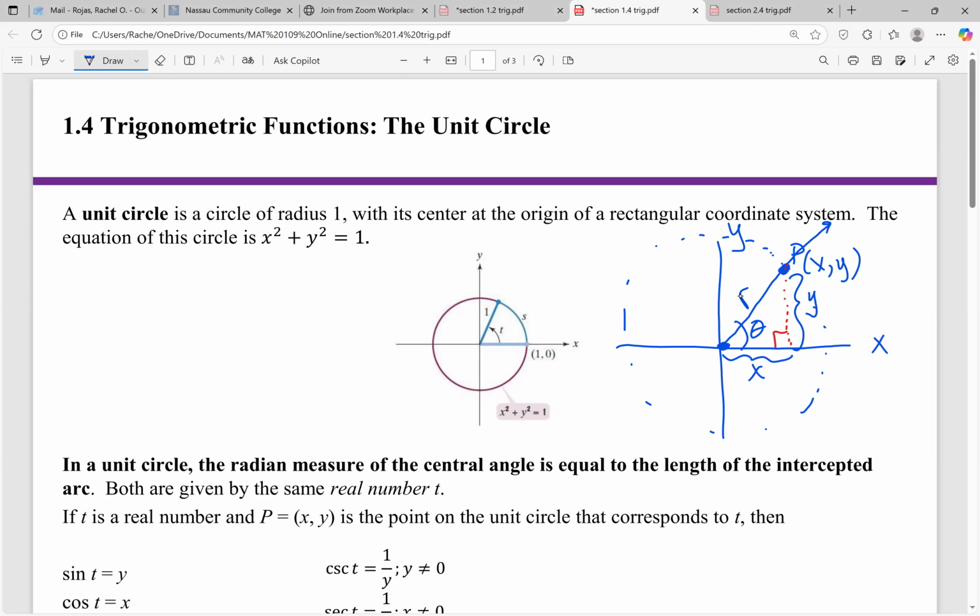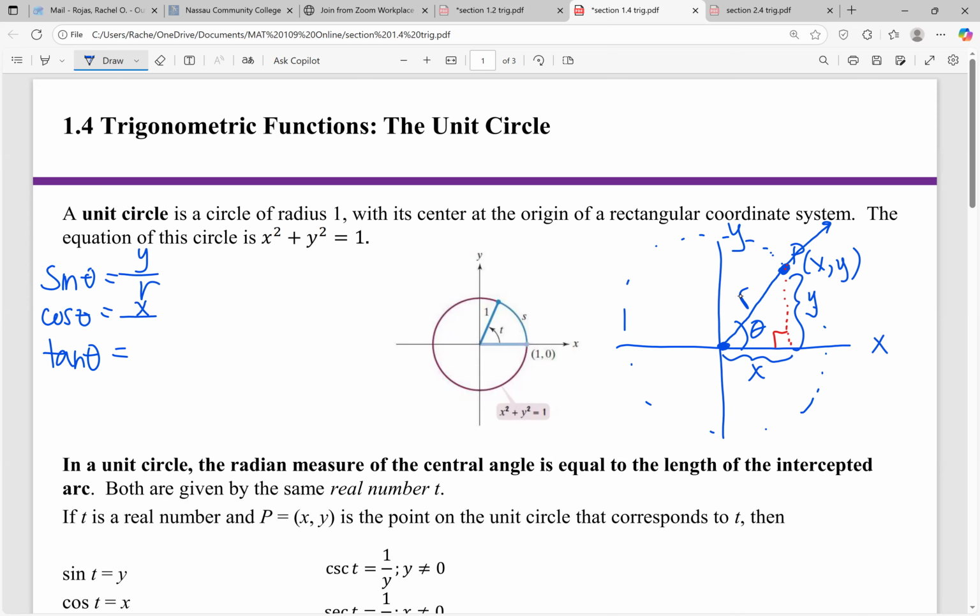So we said, for example, sine theta, cosine theta, tangent theta. Based on this triangle, we know sine theta as opposite over hypotenuse, but opposite of theta is y, so that would be y over r, which is the hypotenuse in this case.